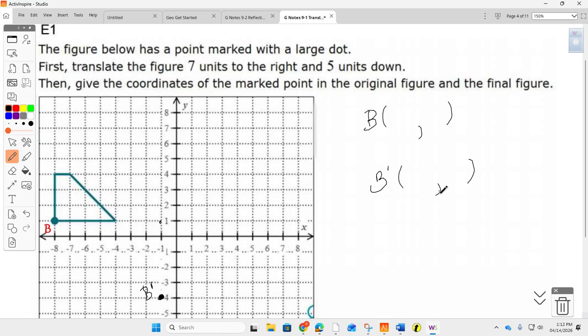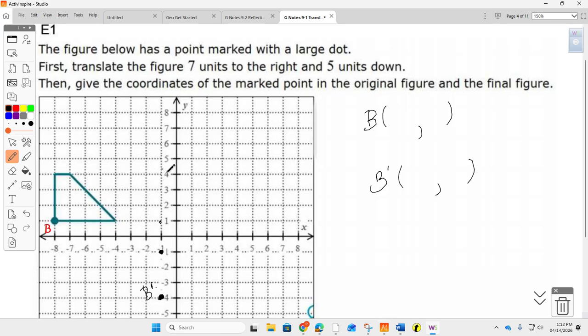We're not going to translate that whole image right now. Actually, no, we are. I lied. So we're going to do B prime, and now let's do this point. It's going to be over 7, the same amount, and down 5. It's going to be right here. So to translate it, you just translate every point the same amount right and the same amount down.